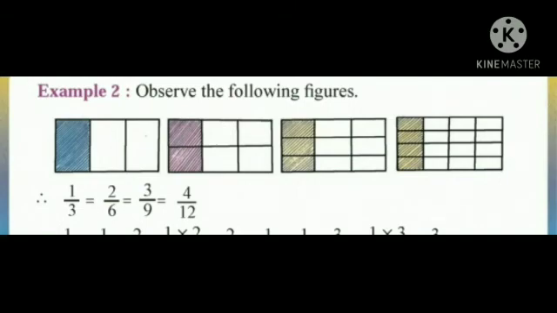And the fourth figure is also shaded 4 by 12. So comparing all the 4 figures, 1/3 of the whole figure is shaded. So the fraction 1/3 is equal to 2/6 is equal to 3/9 is equal to 4/12.